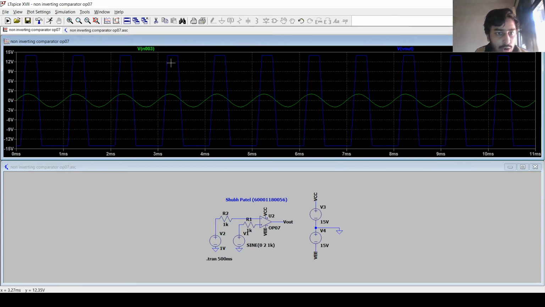As you can see, the output has started getting distorted because of op-amp OP07, as it has a lower slew rate.